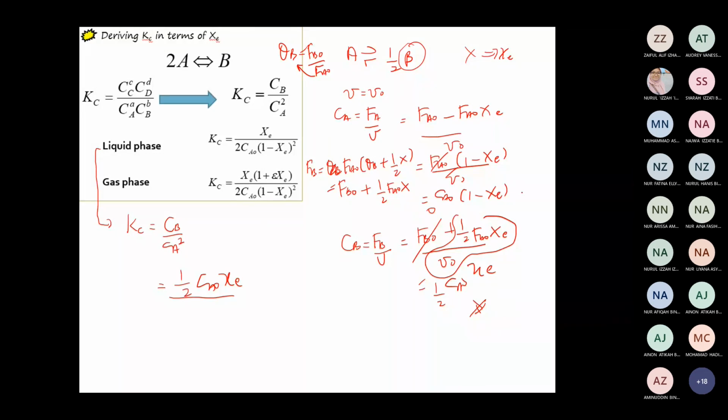So means that this one is CA0 kuasa 2, (1 minus XE) kuasa 2. So you akan cancel, this one becomes CA0 sahajalah. That's why you akan dapat this one. Half ni turunkan ke bawah, jadi 1 over 2. So you akan dapat this KC.